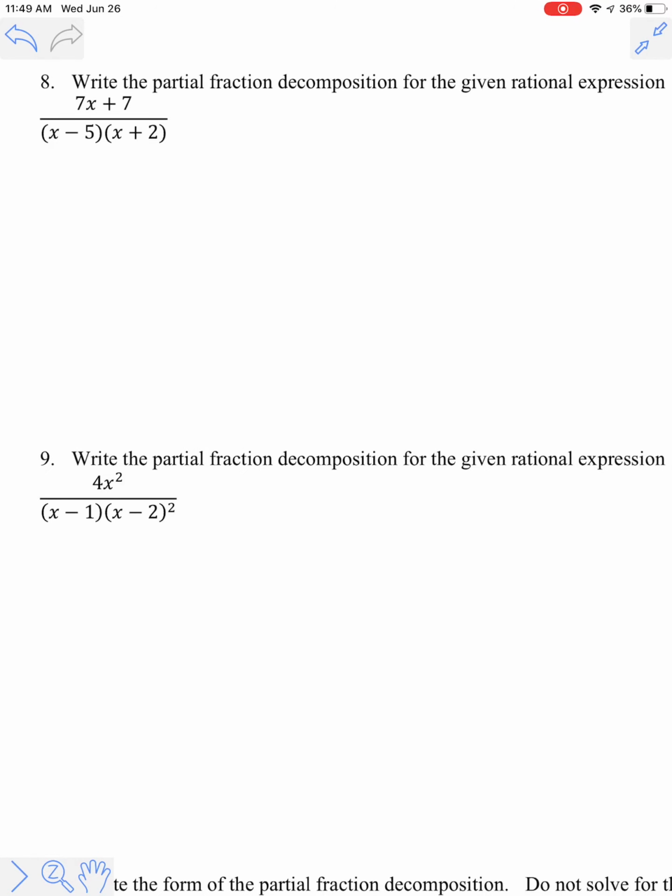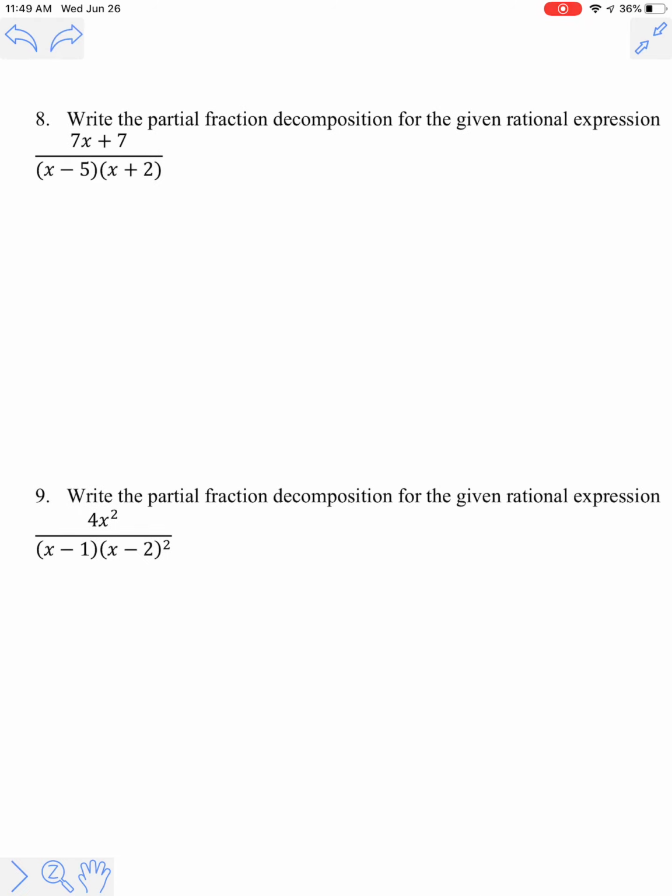Okay, question 8 is from 5.3. We're writing the partial fractions for this. Because there are 2 factors of the denominator and none of them are repeated, we're only going to have 2 partial fractions.